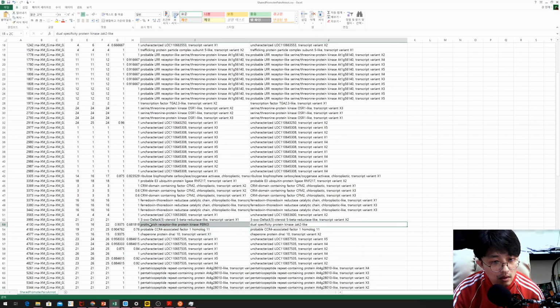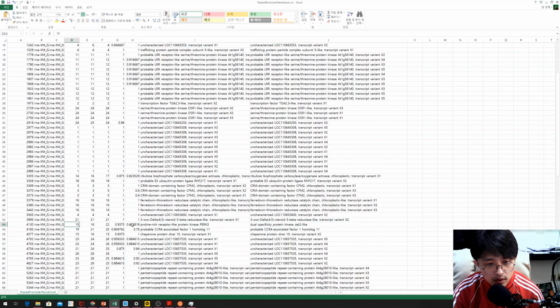Okay, these two are not that similar. So dual specificity protein kinase JAK2, I don't know what that is, but proline-rich receptor-like protein kinase PERK3 is sharing their promoter sequences. Then we can say, okay, these two proteins are not that similar with regard to the annotation, but the promoter composition is very similar.